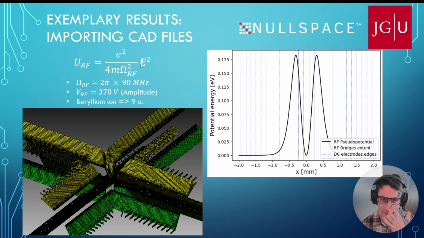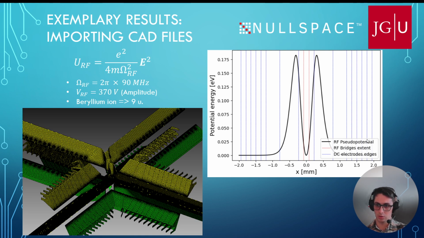So the field here will include the amplitude, because the results of Nullspace ES are just biased at 1 volt, no 370 amplitude. But you can see that, for example, these results are very useful for us, because we can see that at least on this x-axis, maybe we could trap already an ion in the center of the trap. That is one of the objectives of the junctions we are designing.